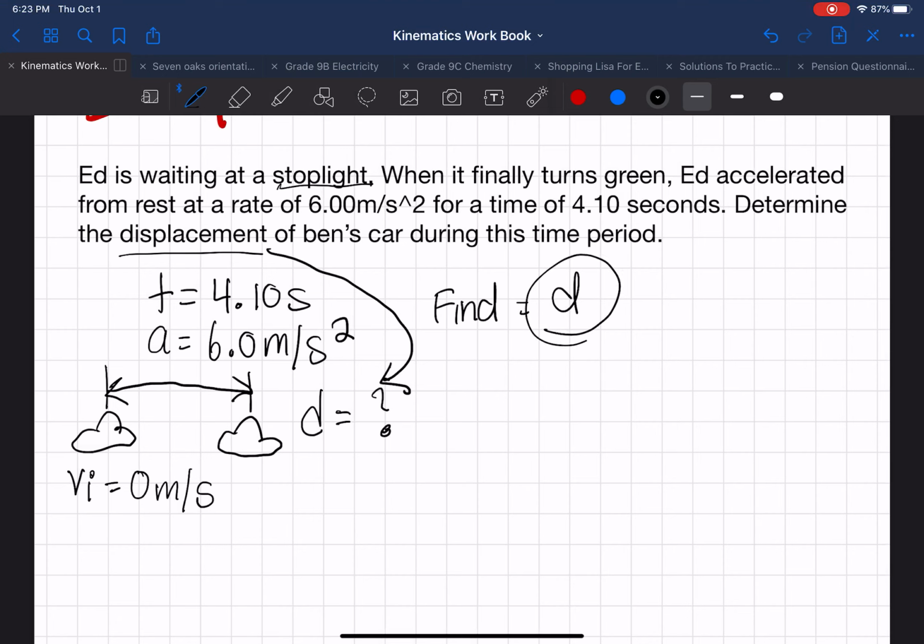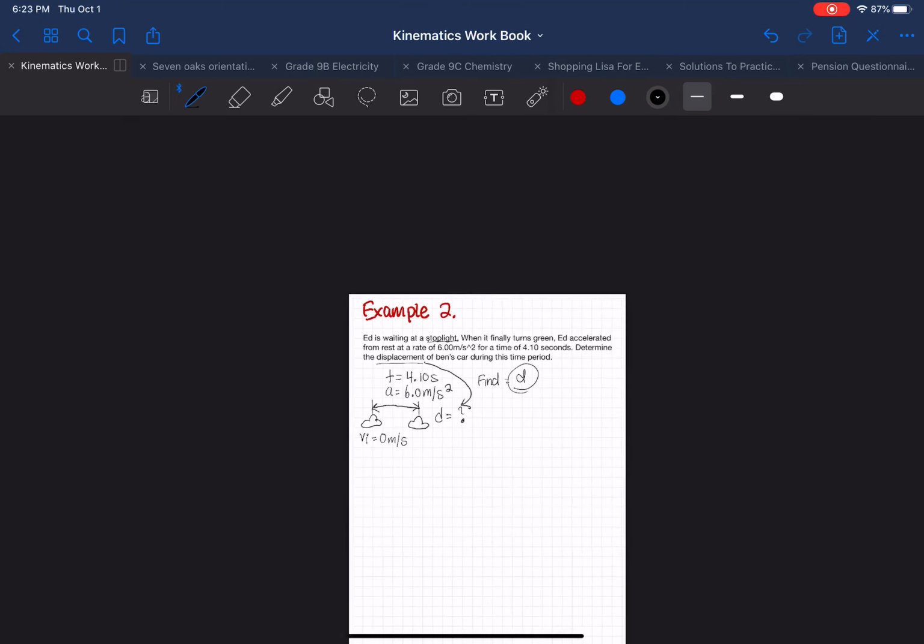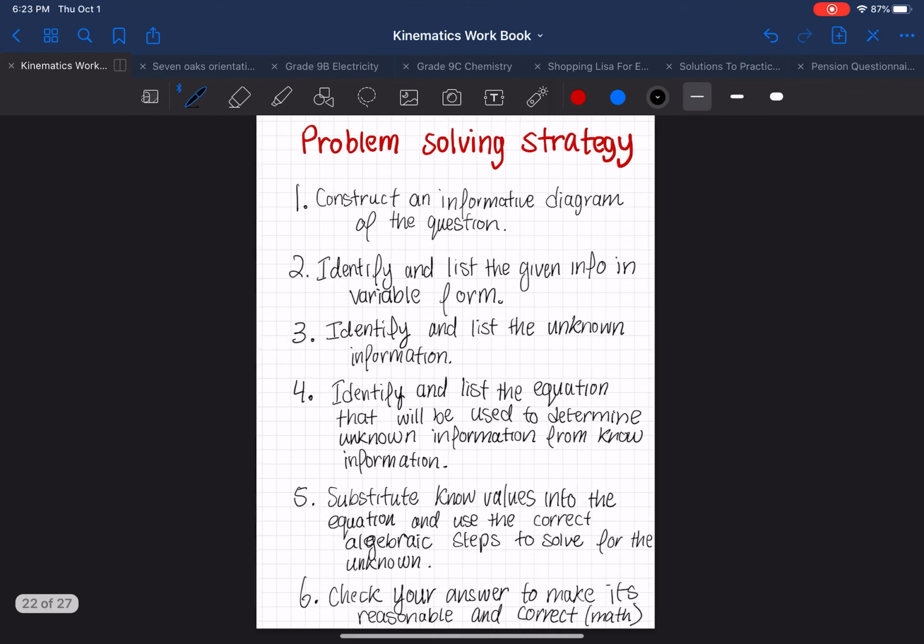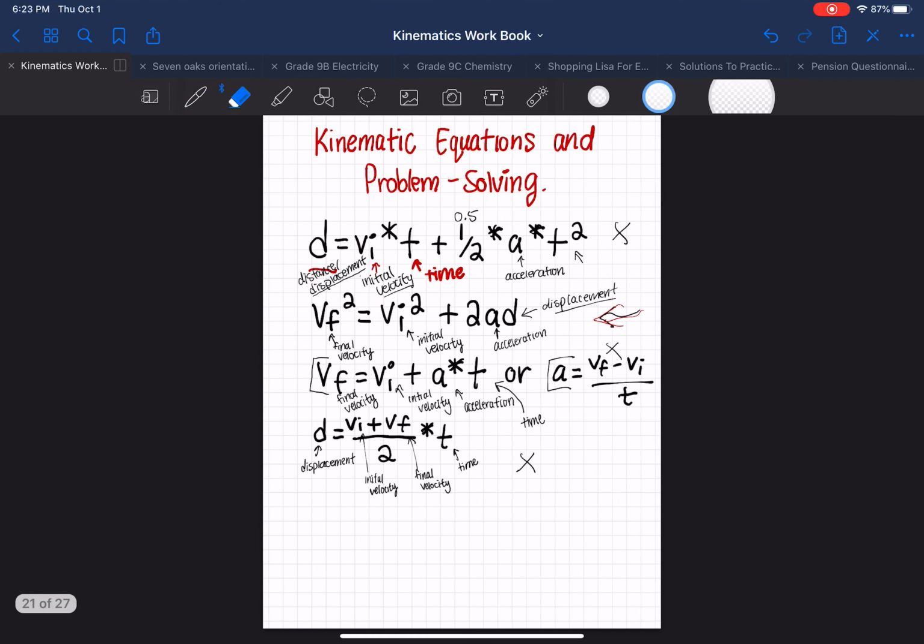So we're trying to find d. Now that we know our unknown variable and our known variables, let's check out the kinematic equations. The next step is to look for the equation in which you can fit these known and unknown variables. So we're going to go back to our equations. I'm just going to erase some of these x's here. We know that we have time, we also have distance, and we also have the initial velocity that was given.